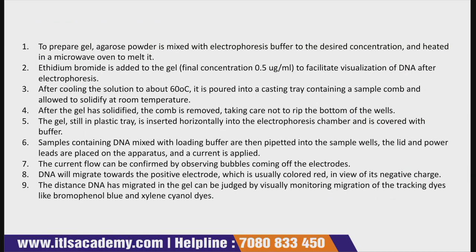Okay, now moving further. To prepare an agarose gel, agarose powder is mixed with the electrophoresis buffer. How do you make an agarose gel? You take agarose powder and mix it with the electrophoresis buffer to the desired concentration, whatever concentration you need.